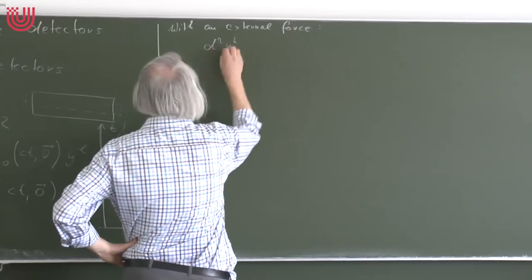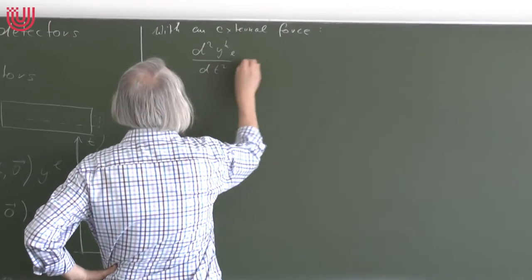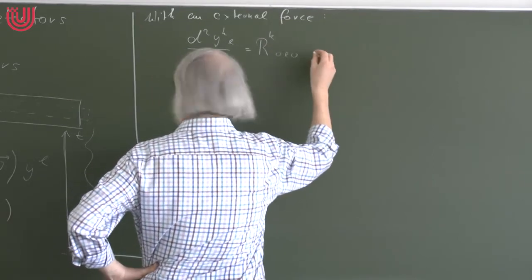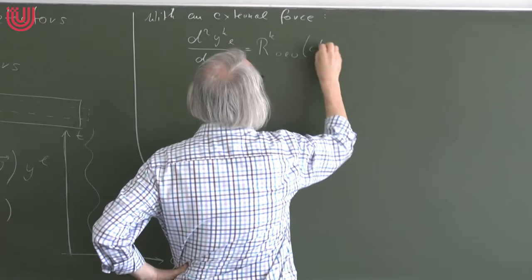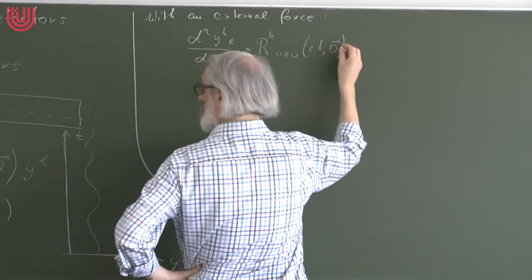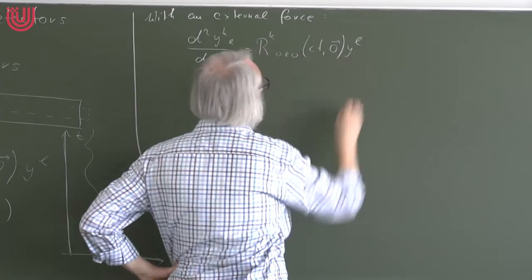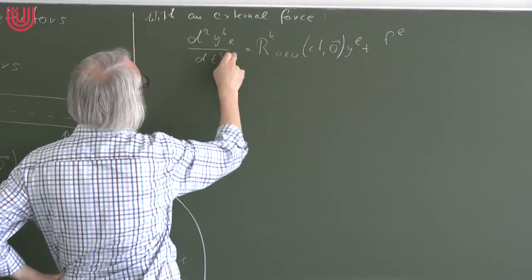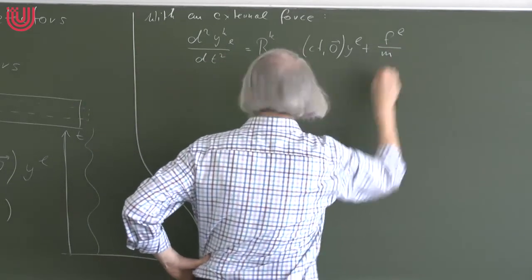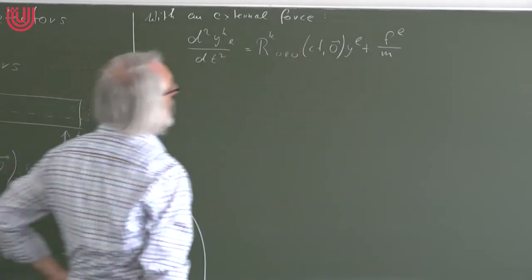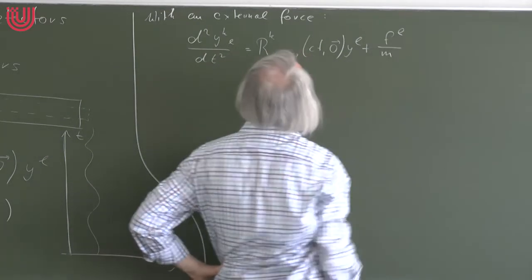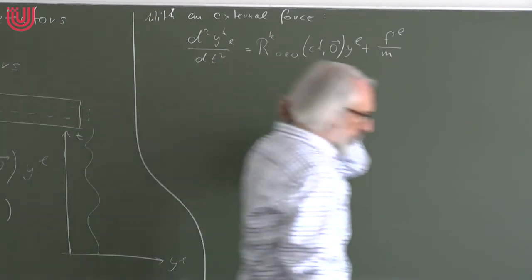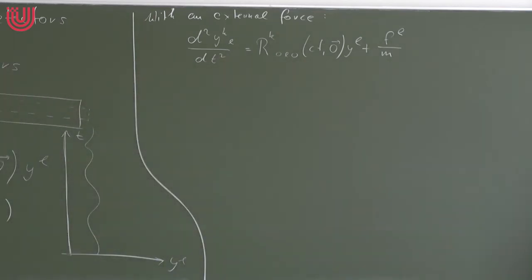Then my differential equation will become this here, what we had already, plus a force. Well, this is an acceleration, right? So if my test particle, which I place here, has a mass m, then I have to divide the force by the mass to get the acceleration. And this is the equation we now want to work out further.